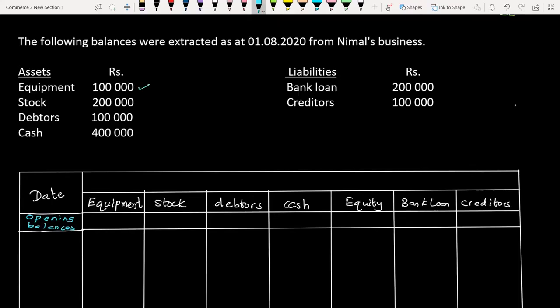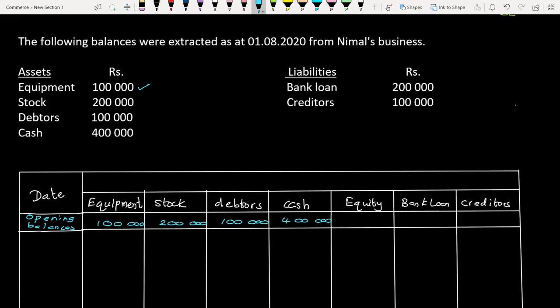It's 100,000. So let's enter 100,000. And then the stock opening balance is 200,000. Debtors opening balance is 100,000. Cash, it's 400,000.